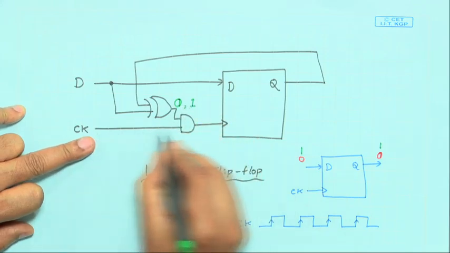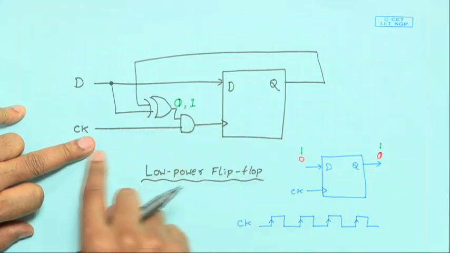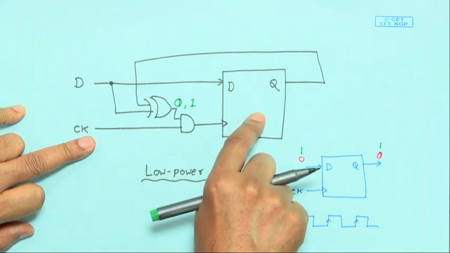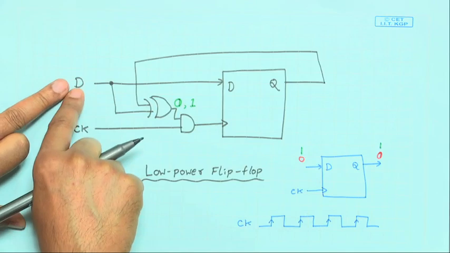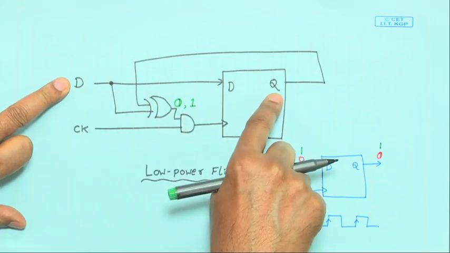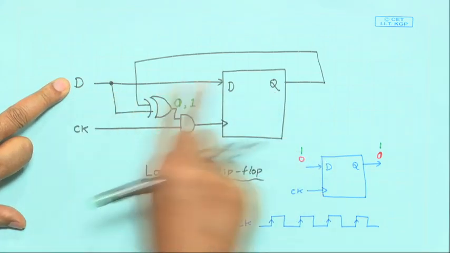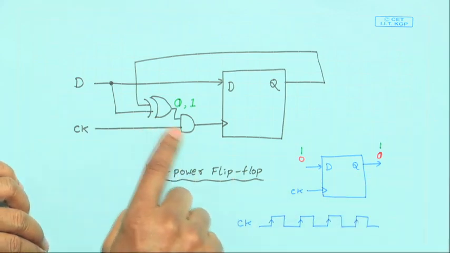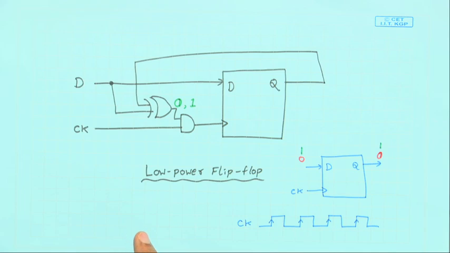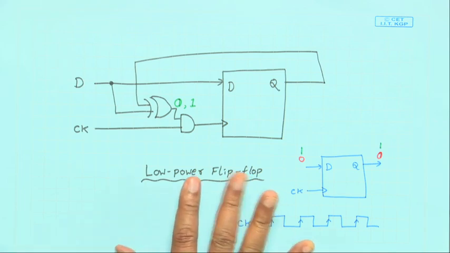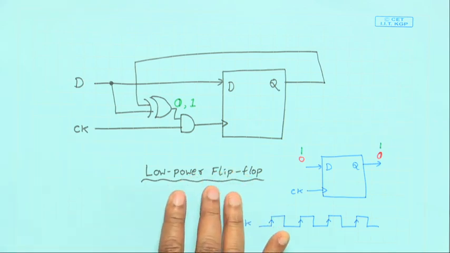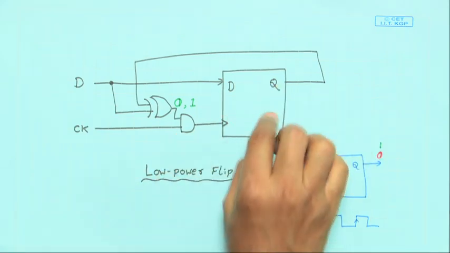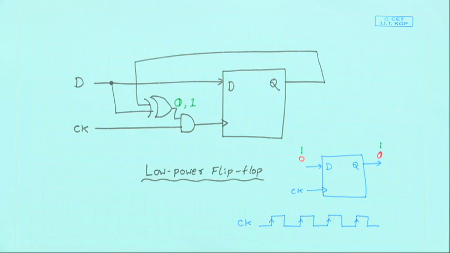This AND gate will enable the clock and the clock will come. So, the clock will come to the flip flop only for those instances where the applied D value and the output Q stored value are different. Of course, the overhead is 2 additional gates, one XOR and one AND gate. So, this is the so called low power flip flop which you can use in a design to reduce the signal activity inside the flip flops.